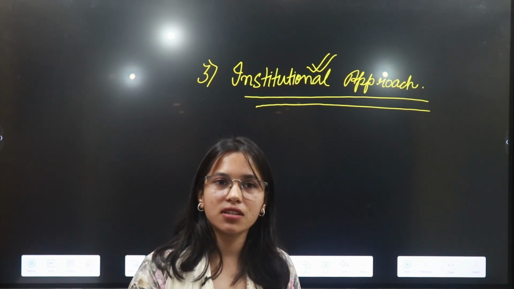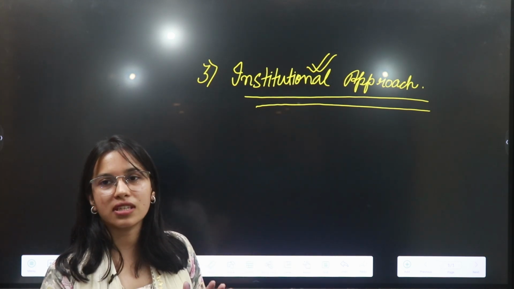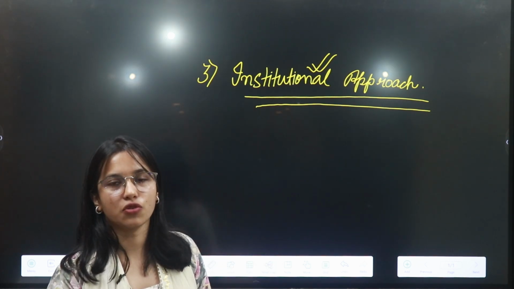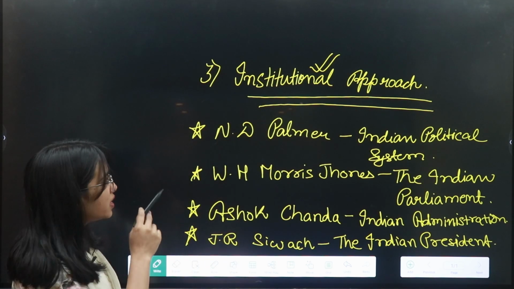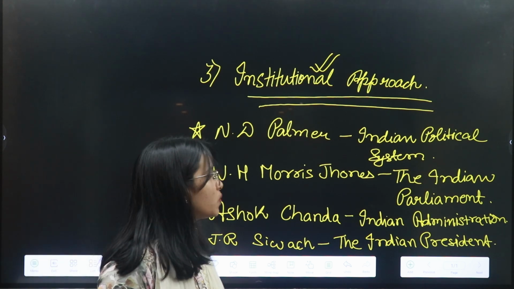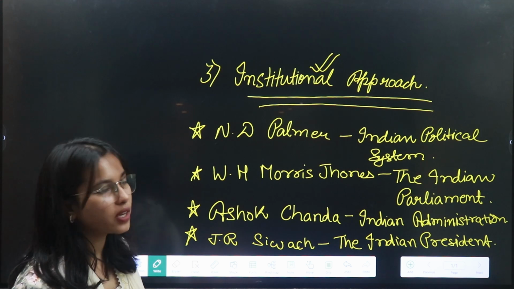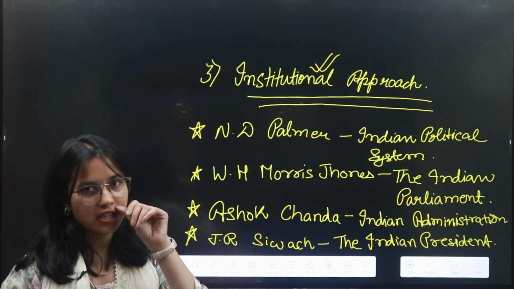We consider only the institutions, their working and the people directly involved in them. These are some of the writings that will be helpful in institutional approach studies. Please note, and then we will proceed further.